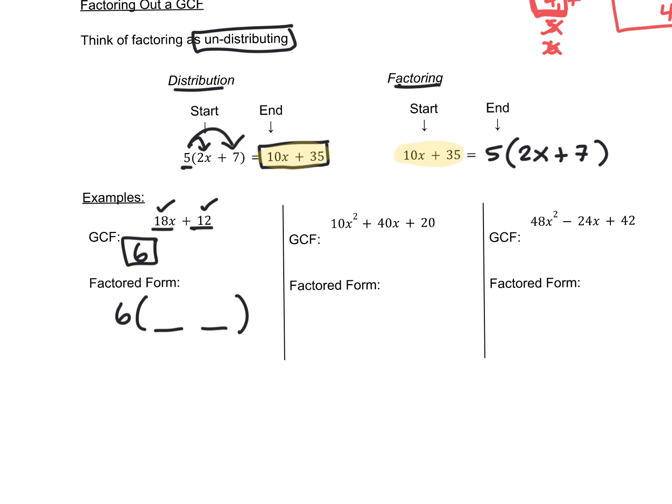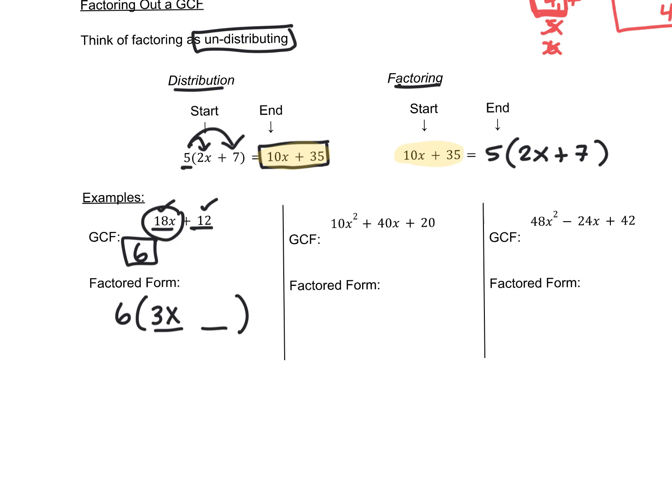And what I have to do is figure out what number do I have to put here that would get me 18x. So you have to work backwards a little bit. 6 times what would give you 18? Well, that has to be 3. And then I need 18x, and my 6 doesn't have an x, so I have to make sure I have an x there as well.